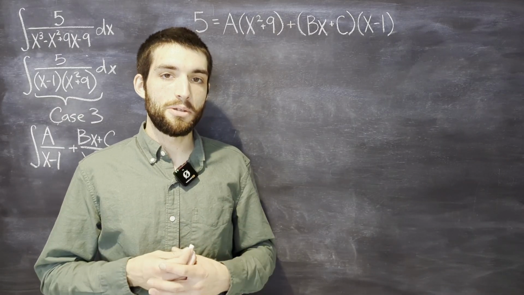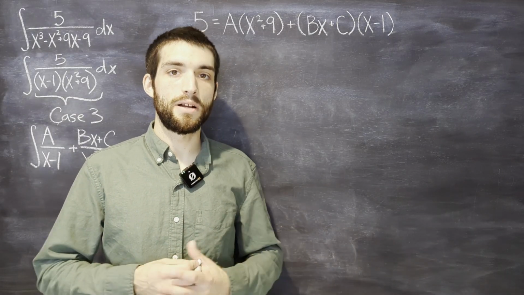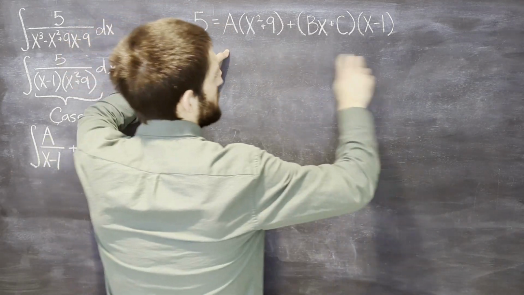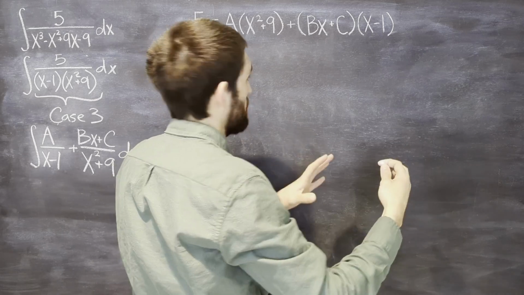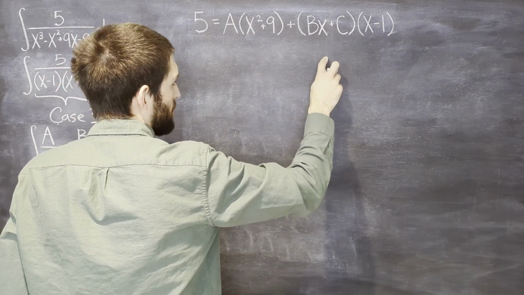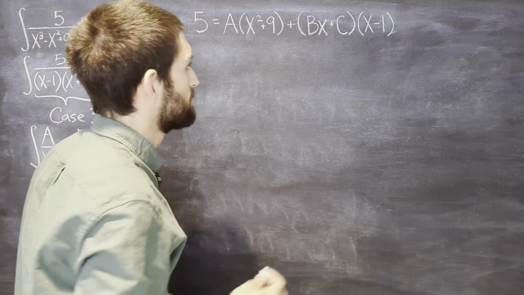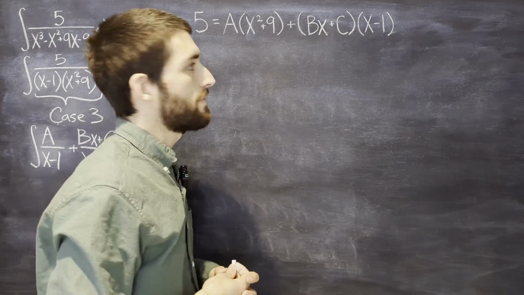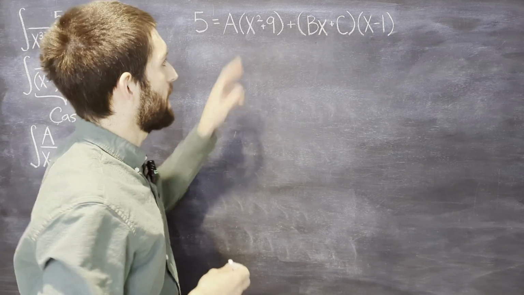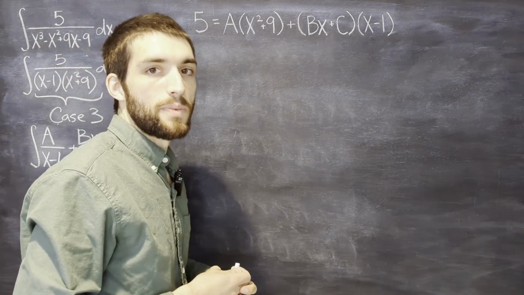Now we can choose values for x that allow us to cancel some of our constants so we can solve for others. Sometimes it's useful to multiply this out first so that we can group terms, giving a times some polynomial plus b times some polynomial plus c times some polynomial. But in this case, we have an obvious choice for x that will allow us to cancel b and c and solve for a right away, and that's x equals 1.